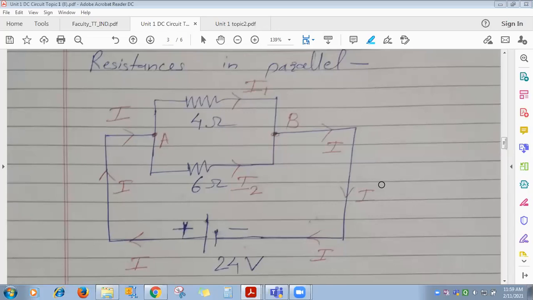If your final answer is wrong, you will get 0 marks. What does it mean? No step marking. But it doesn't mean that you should not show your steps. Steps are also required. Steps with the final answer correct, full marks. Final answer wrong, 0 marks.